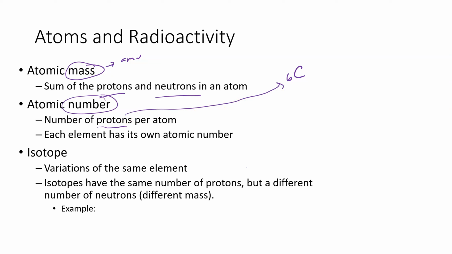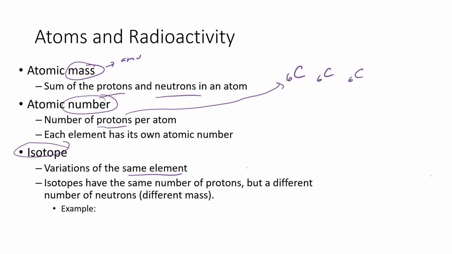Now, when we talk about the term isotopes, we're talking about the same element. So we can maybe have different varieties of carbon. All of them have 6 protons, or the atomic number 6, and that's what makes it carbon in the first place.